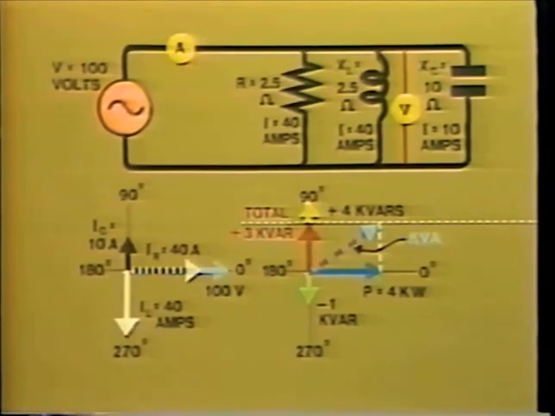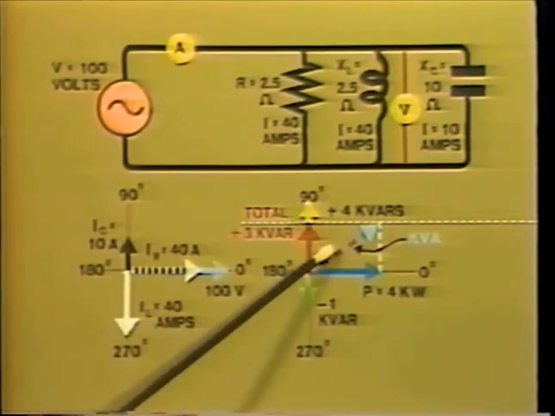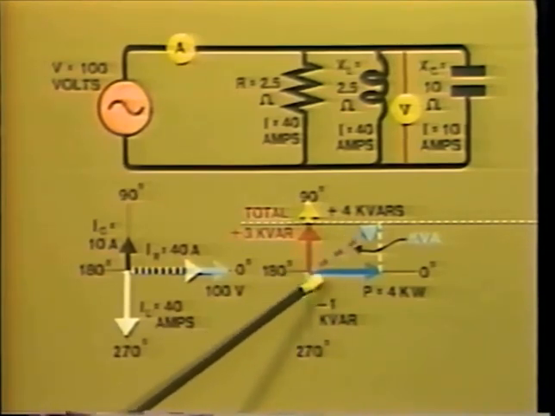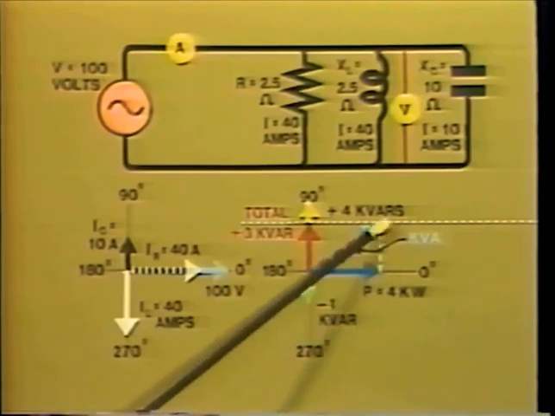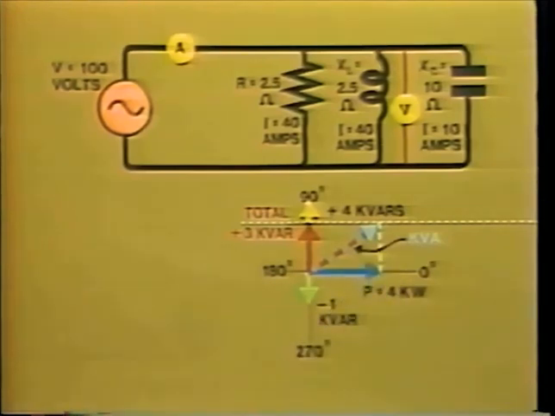But how can we find the value of this other than by direct measurement? Well, you probably remember the Pythagoras theorem which says that the square of the hypotenuse is equal to the sum of the squares of the two sides on a right-angled triangle. This means that volt-ampere squared will be equal to watts squared plus vars squared.